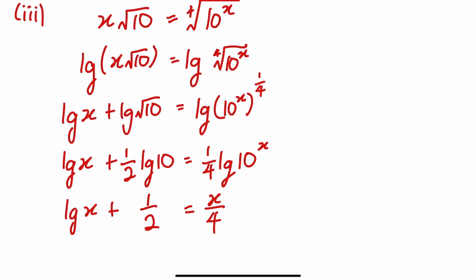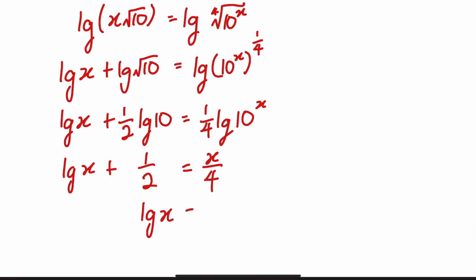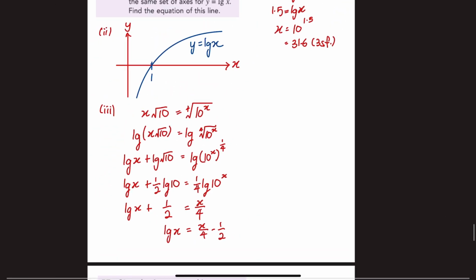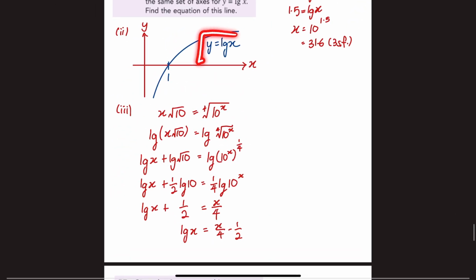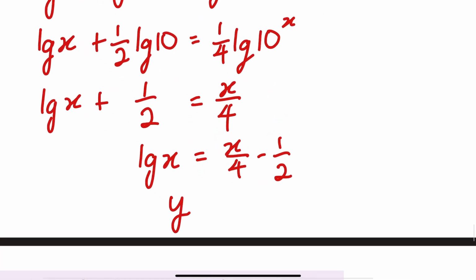So if I were to rewrite this equation, I get log x equals x over 4 minus half. Therefore, since the graph I'm drawing is y equals log x, since y is log x, the graph I need to draw is y equals x over 4 minus half, which can be written as 1 over 4 x minus half.